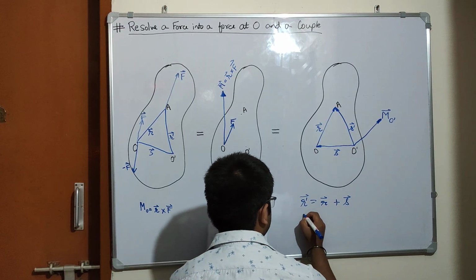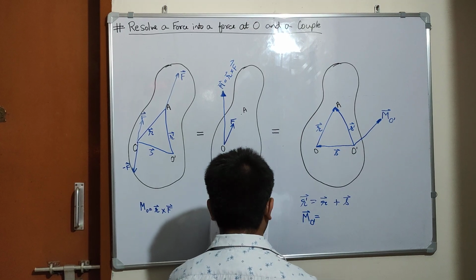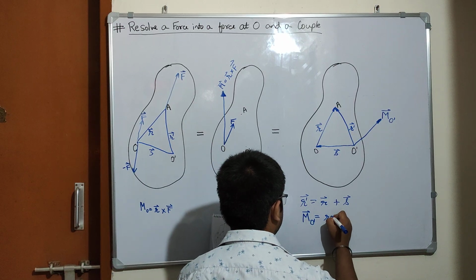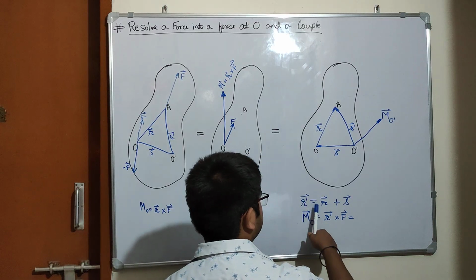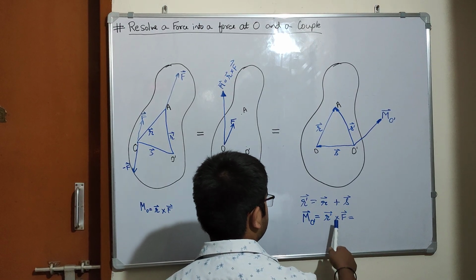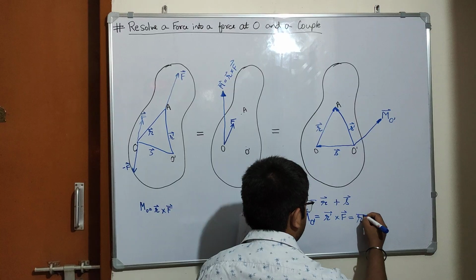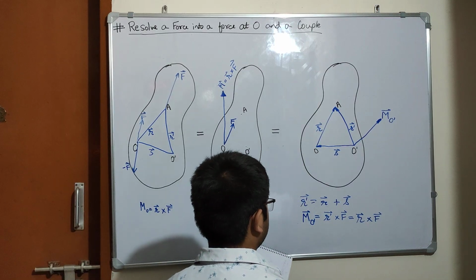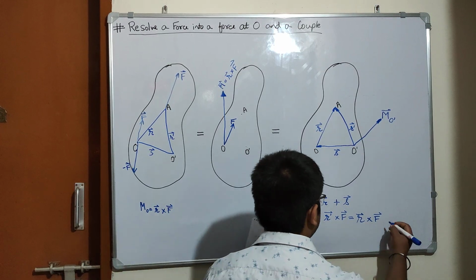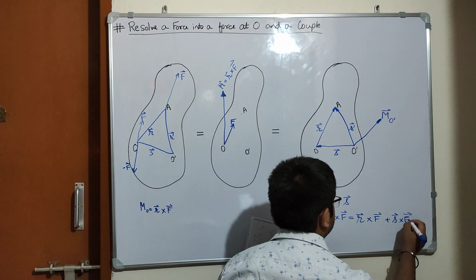And M O dash vector equals R dash vector cross F vector, and R dash vector is R plus S. So R plus S cross F will give us R vector cross F vector plus S vector cross F vector.